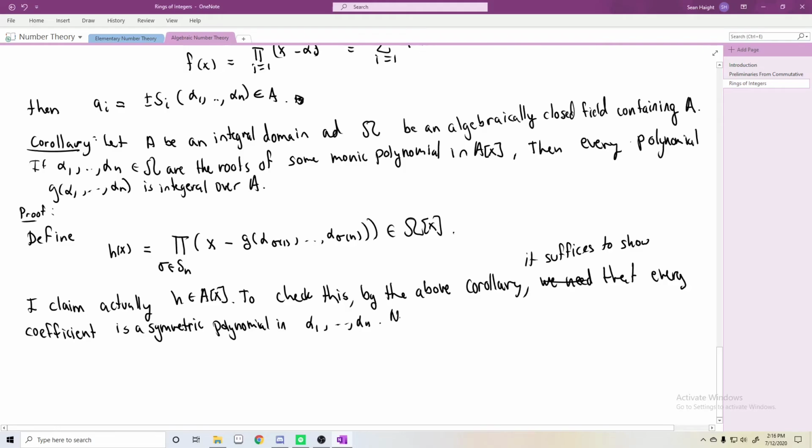Note that to check this, we're essentially going to check that h remains fixed by the action of the symmetric group on the coefficients. For any tau in the symmetric group, h, I guess maybe this product.